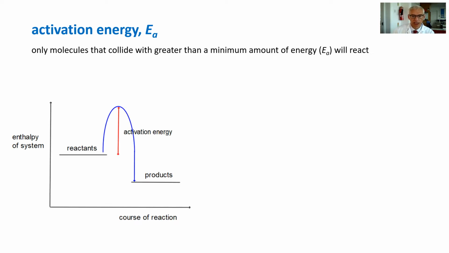So the activation energy EA would of course be the difference between the energy of the reactants and the energy of the same molecules in an activated state. So we have an activated state up here. It's an energy barrier to the reactants forming the products. Of course, delta H does not change. Delta H remains this value here.